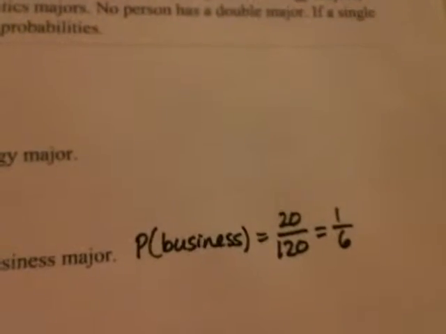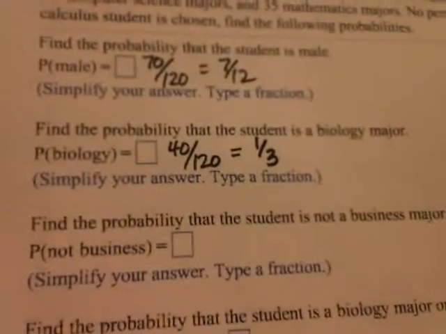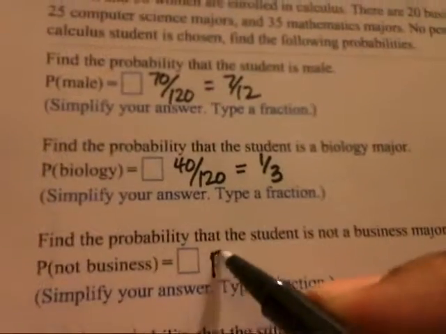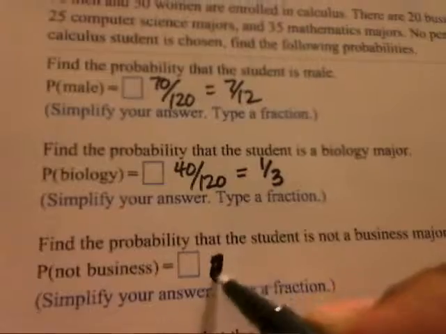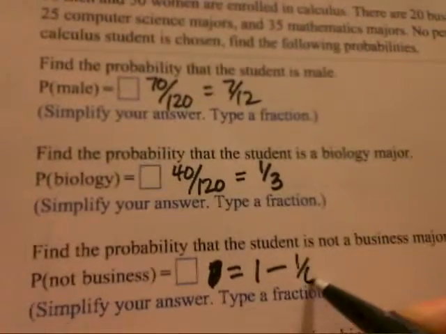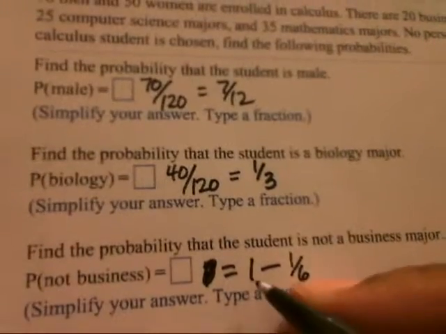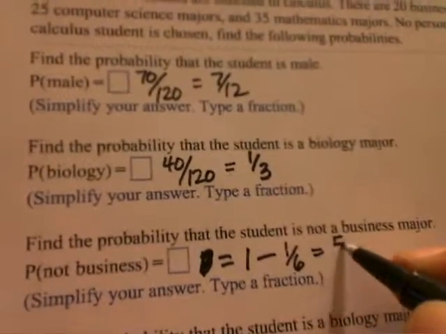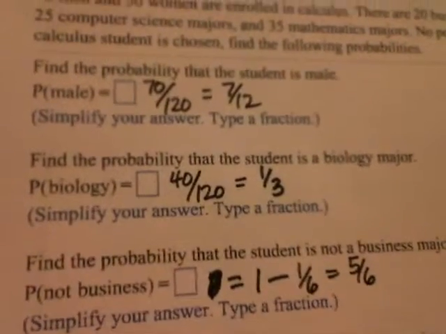That's the probability of a business major. Now, for the probability that the student is not a business major, it's a complementary event. That's simply going to be 1 minus the probability of a business major, which is 1/6. So here we've got 1 minus 1/6, which will simply be 5/6.